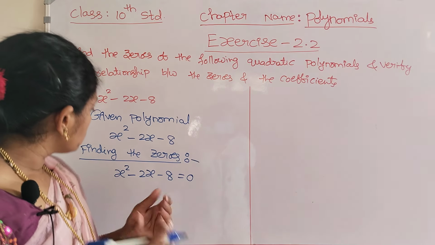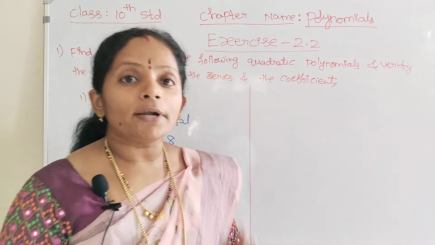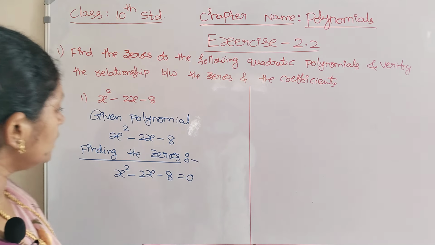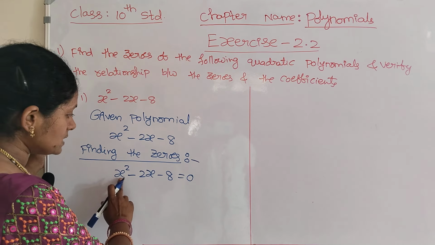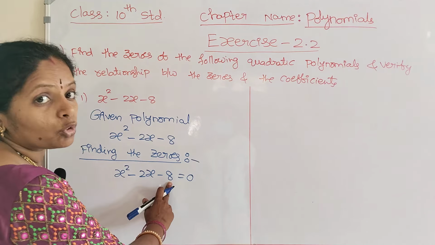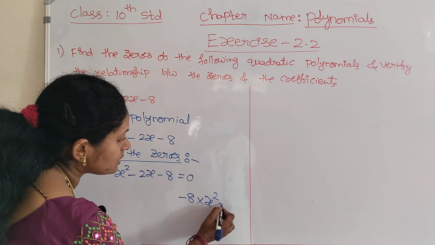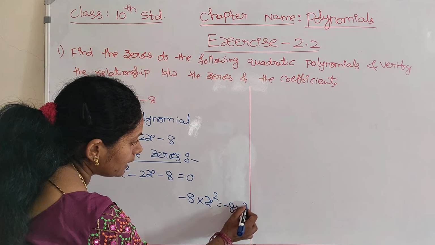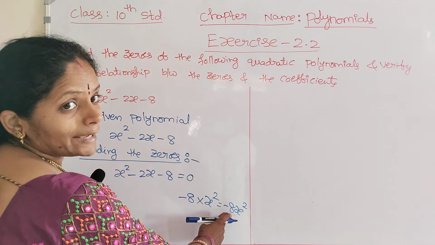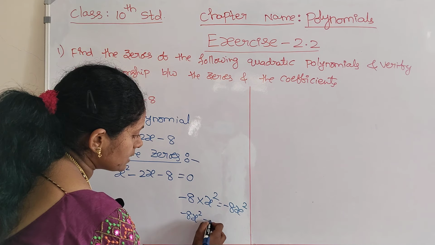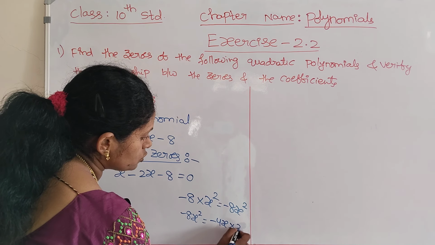How to get the zeros of a quadratic polynomial? You have already learnt this in the 9th class. Here we multiply x square with the constant minus 8, which gives minus 8 x square. The factors: minus 8 x square can be written as minus 4x into 2x.